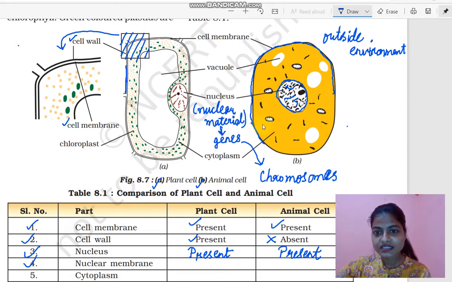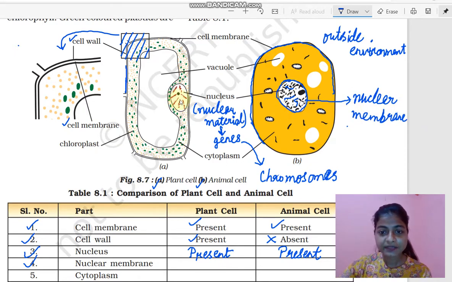Actually they have not labeled it, so let me label it. This is the nuclear membrane. It is present in plant cell. You can see the membrane over here. It is present in plant cell as well as in animal cell.